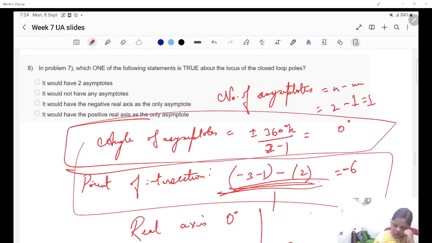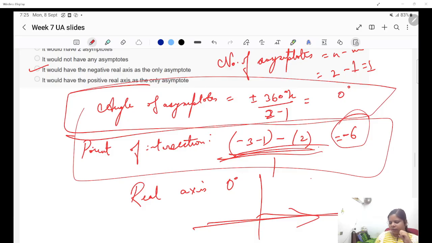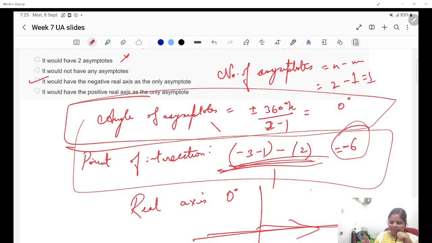Okay, so from here the question is asking positive or negative real axis also. Any idea how we can say if it is the positive real axis or the negative real axis? Because the first two options are definitely incorrect. It does not have two asymptotes, it does not have any asymptote, both of them are wrong.